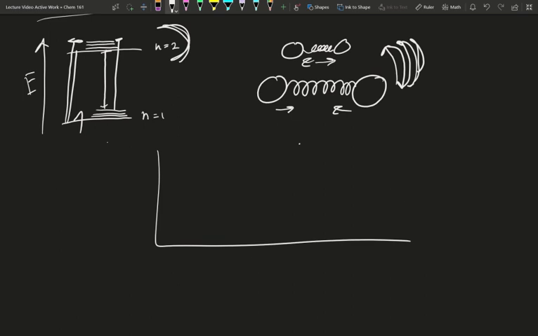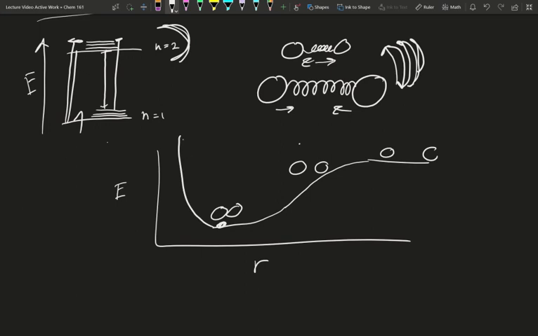Because if you think about a covalent molecule, they start far apart and higher in energy, and they start going down in energy as they get closer together. And then there is some ideal where they are just the right distance. If they get too close, they start to repel each other and the energy goes up.